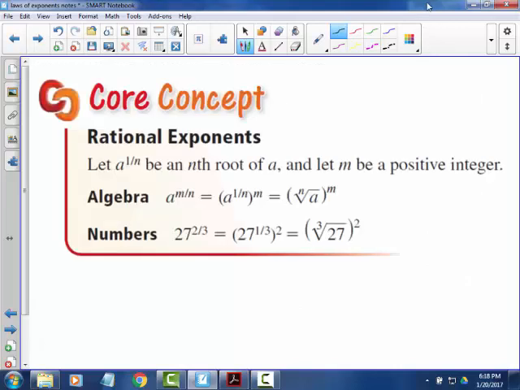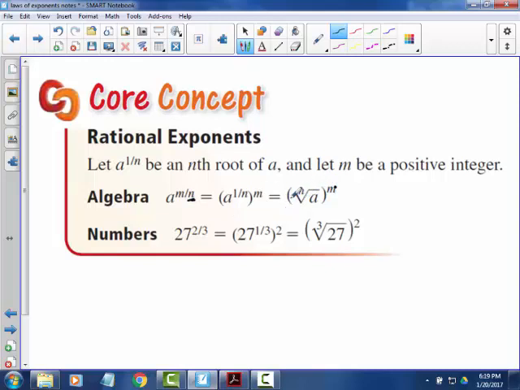Now we're going to talk about the other concept for today, what we call rational exponents. A rational exponent is a fraction. And what we know about the fraction is that the numerator is still going to be my power, but the denominator makes a radical.